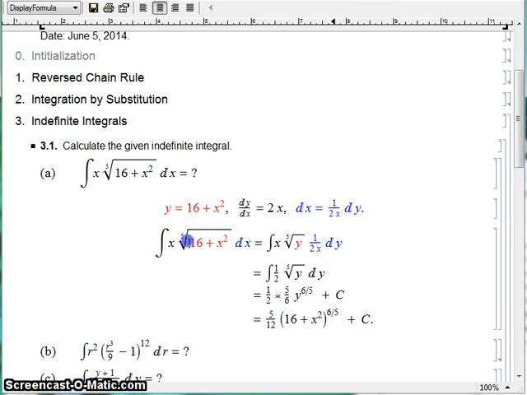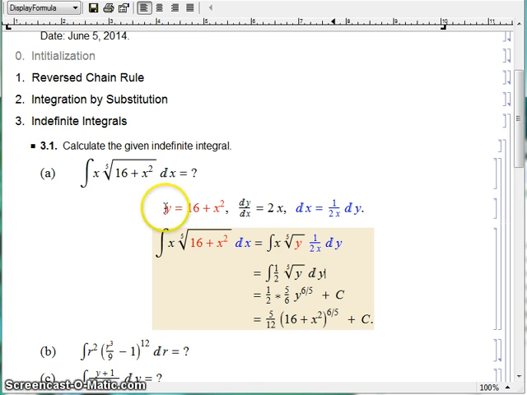Here it is. 16 plus x squared is now substituted by y. dx is substituted by 1 over 2x times dy. Do you see some cancellation going on? Well, this x and that x cancel out, and then what do we have? We have a y integral. No x left behind, just purely y.